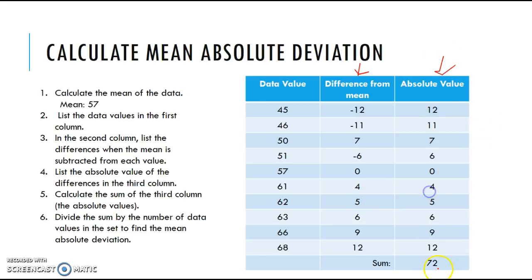And then after we take the sum and divide that by the number of values, there are 10 values in this case, our mean absolute deviation is 7.2.